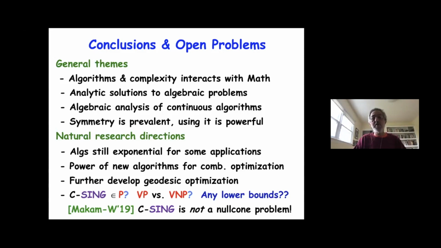It's a very general question of understanding the symmetries of an algebraic variety. And finally, we did it. At least we know there's some barrier, if you will, to PIT. We know that it's not a null-cone problem, so at least the algorithms we have don't obviously apply to it. But maybe there are other algorithms, or more general algorithms, that would do it.